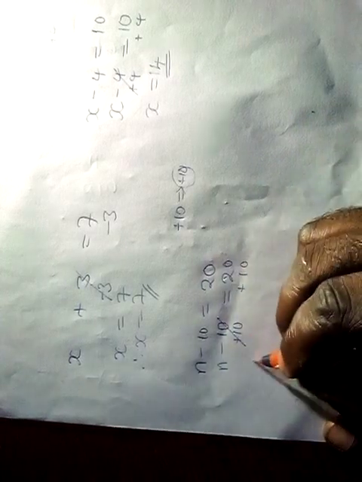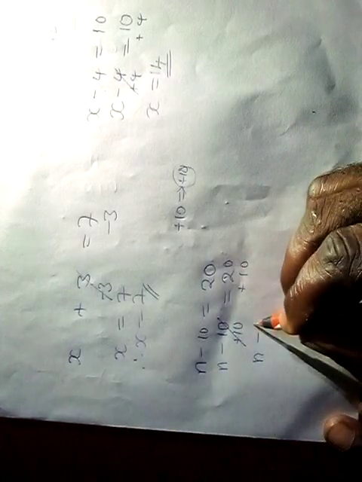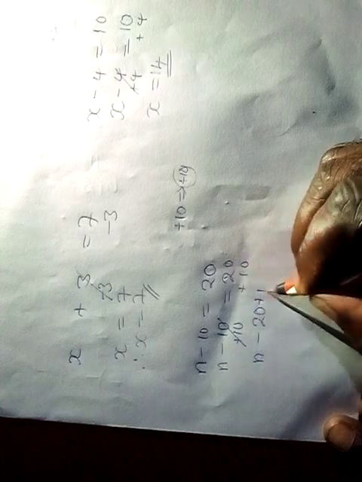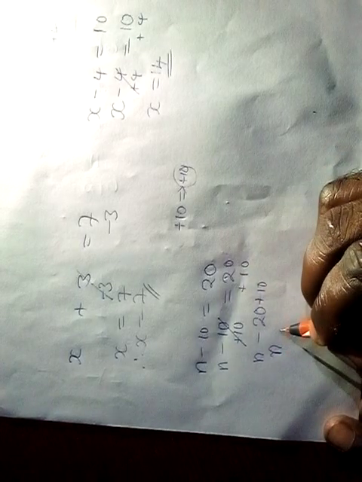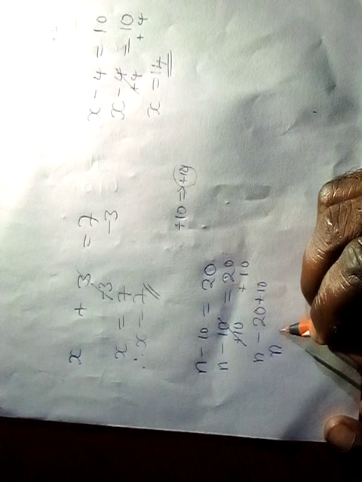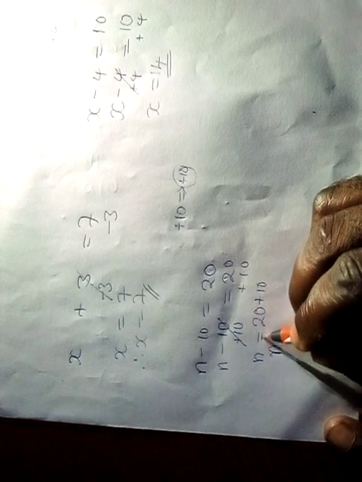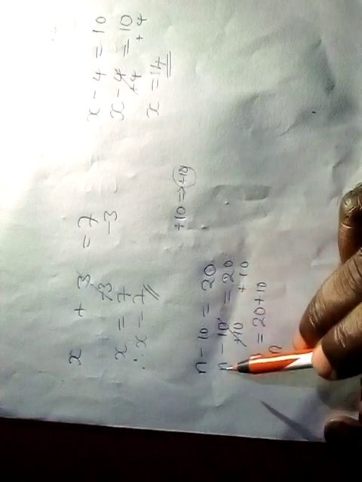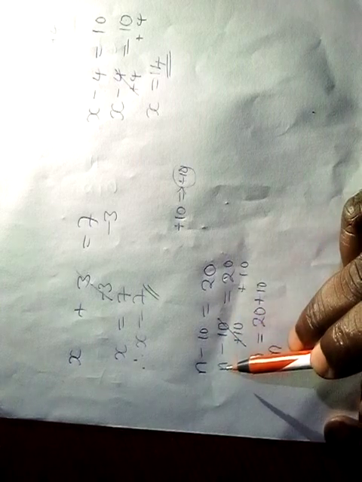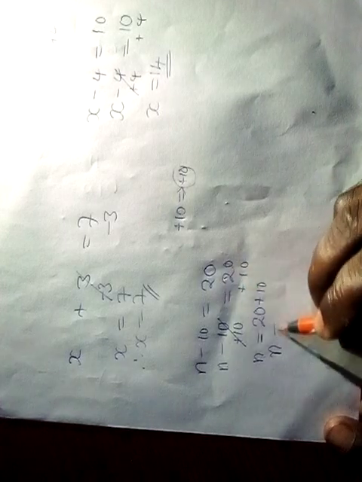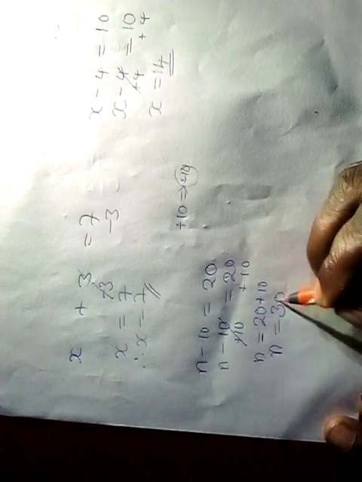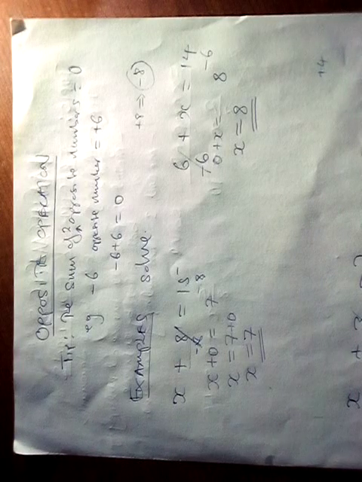So this is 0. n minus 0 is n, then equal sign, 20 plus 10, so this is 30 as the answer.